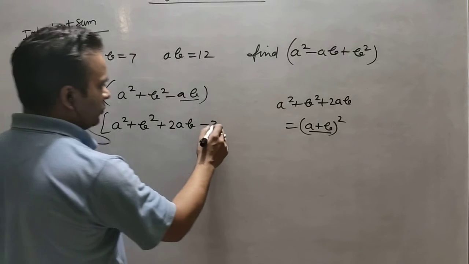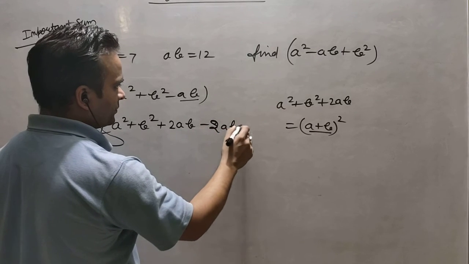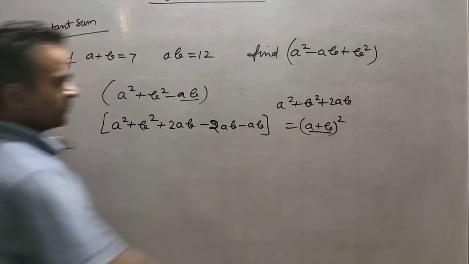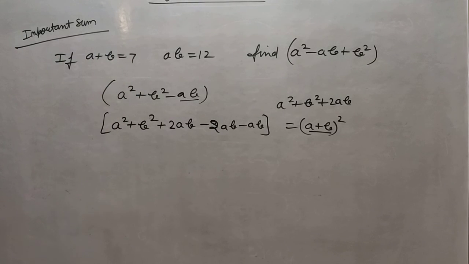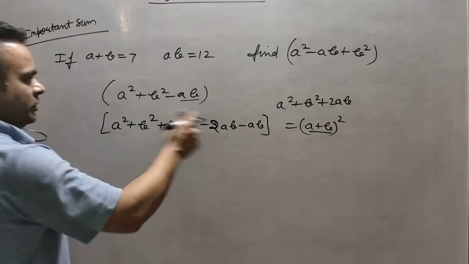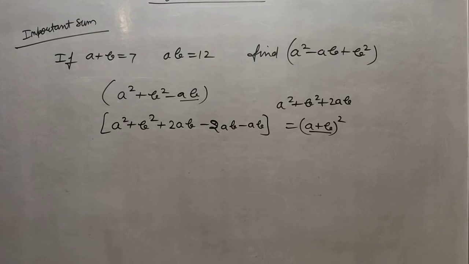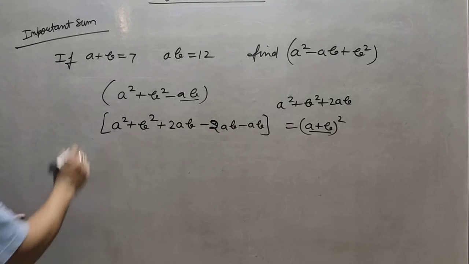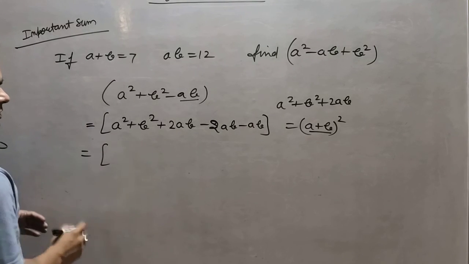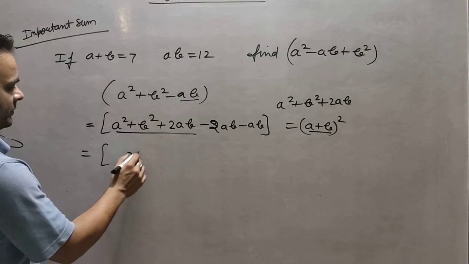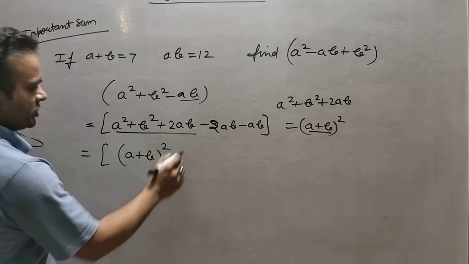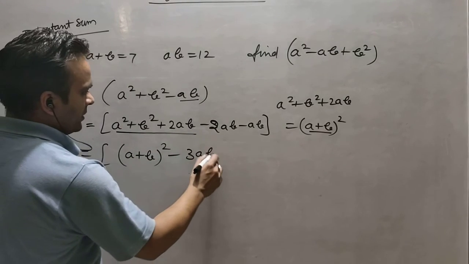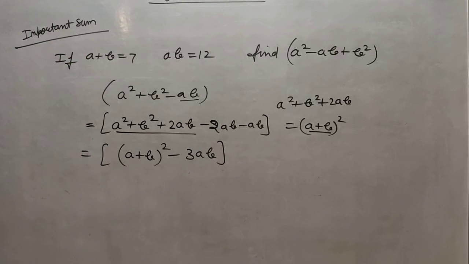Whatever you add, you have to subtract also, so that the result will be the same. So we are changing the clothes of the expression. Value is the same. So we can put here a plus b whole square minus 3ab, right?